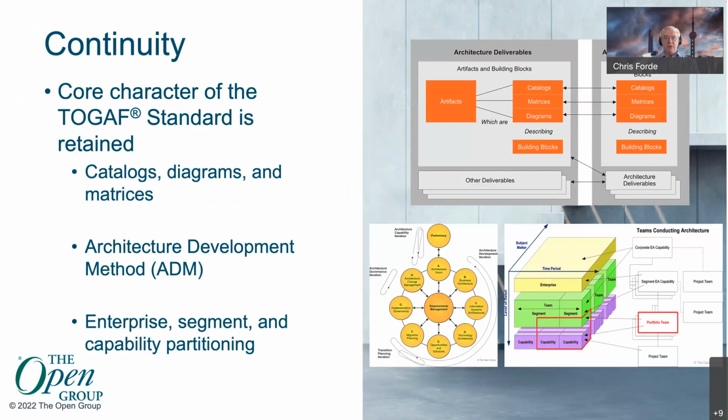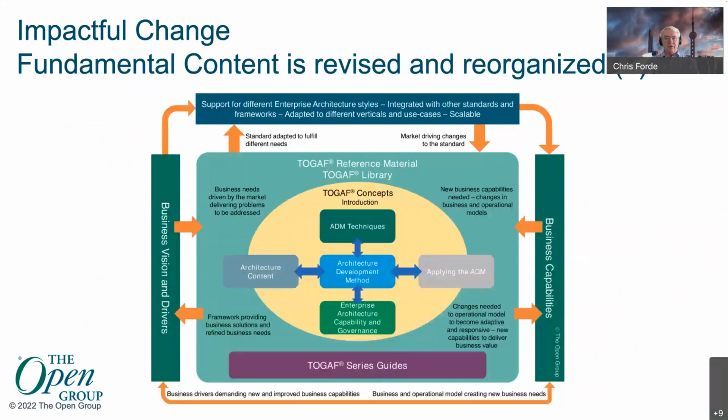It's easy to get lost in the new messages, right? The core character of the TOGAF standard is retained. You will find catalogs, diagrams, and matrices, the architecture development method, iteration around that, the enterprise segment and capability partitioning previously in the core of the standard and carried over in the fundamental content.